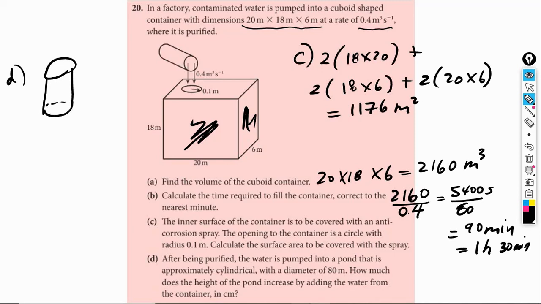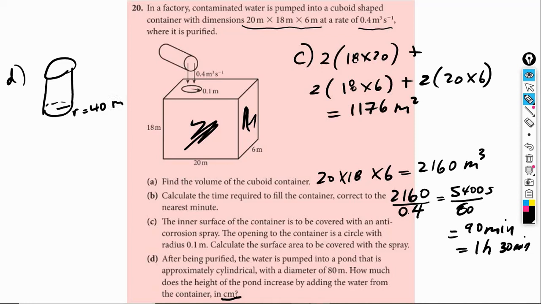So if it's a cylinder of diameter 80, that means that its radius would be 40, and we need the radius to find this. How much does the height of the pond increase by adding the water from the container in centimeters? So they want the answer in centimeters. Okay, so the radius is 40 meters.